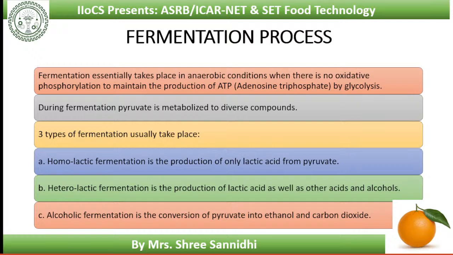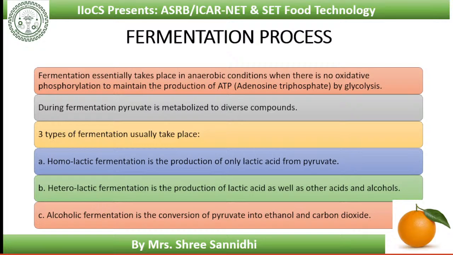During fermentation, pyruvate is metabolized to diverse compounds. So we can see three kinds of fermentation happening usually. First is homolactic fermentation, where you see only lactic acid production from the pyruvate.